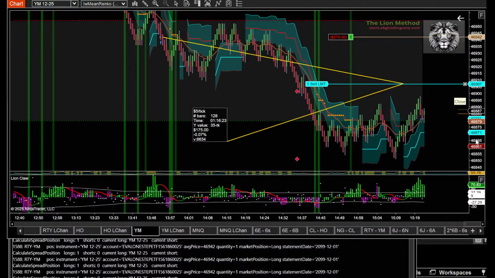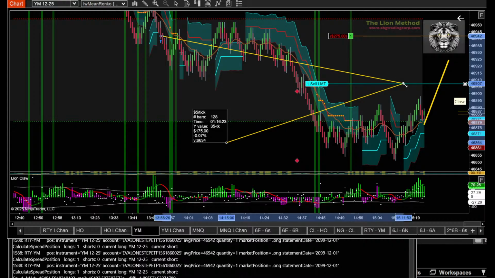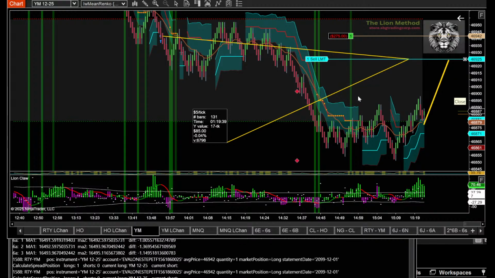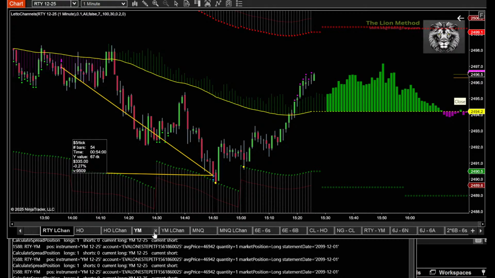Measured move would put this guy, measured move brings it up to there. $3.25 in the afternoon. Things could get funky around 3:30.